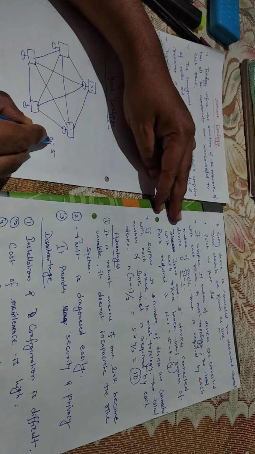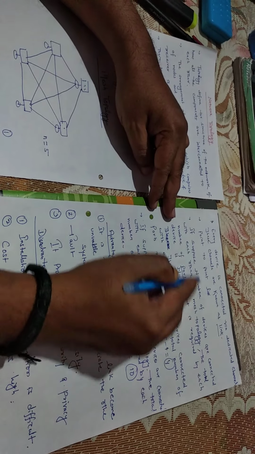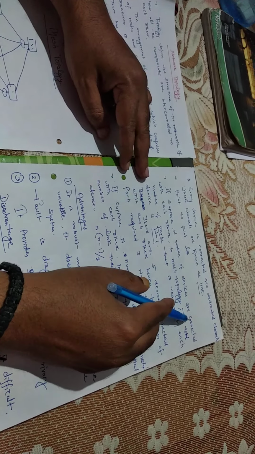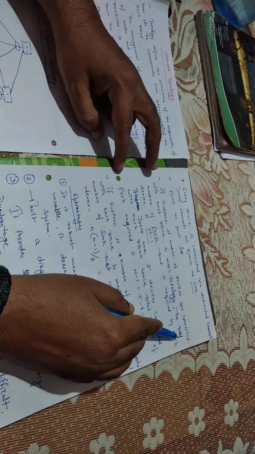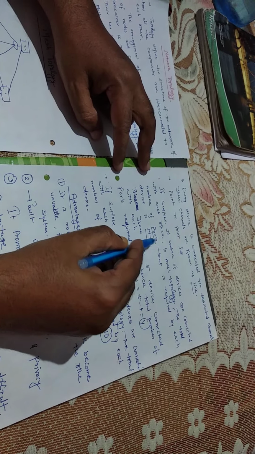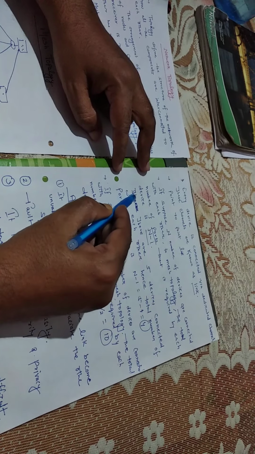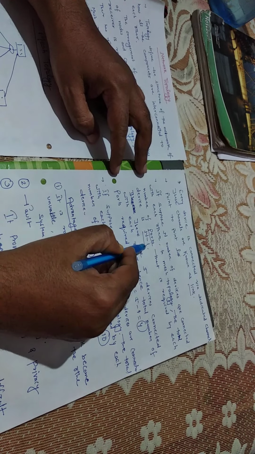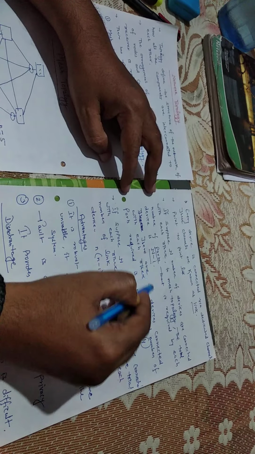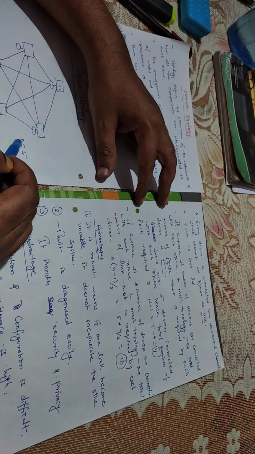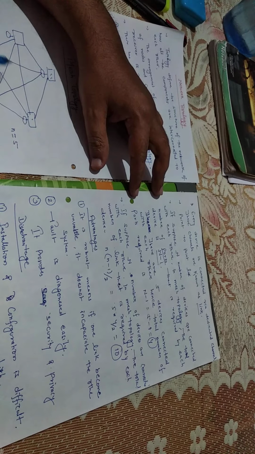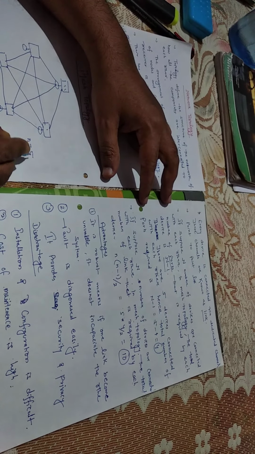If n devices are connected with each other in mesh topology, the total number of ports required by each device is n minus 1.